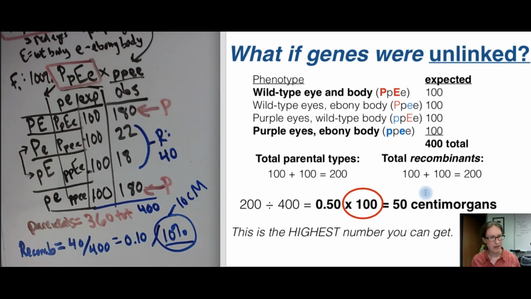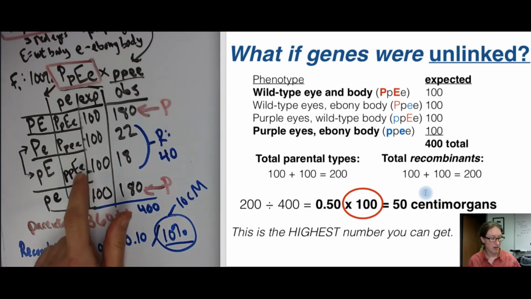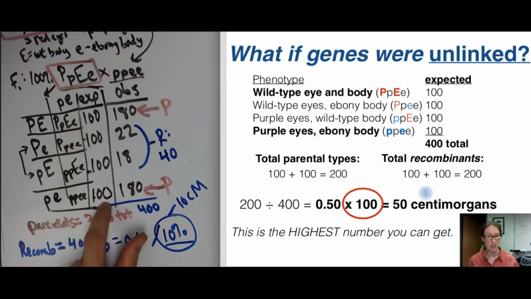Okay, so now hypothetically, to put this in perspective, let's think about what we would get if two genes were unlinked. And that's actually the case in this expected column here, right? If these genes are unlinked, so if they assort independently, then we expect an equal ratio of all these different types of offspring, right?